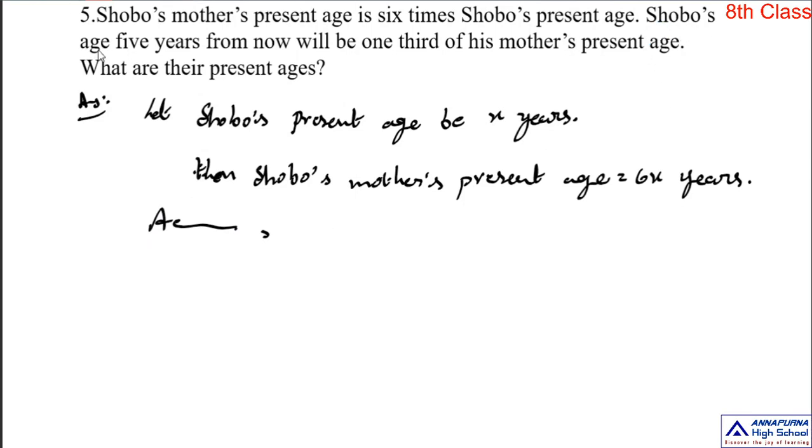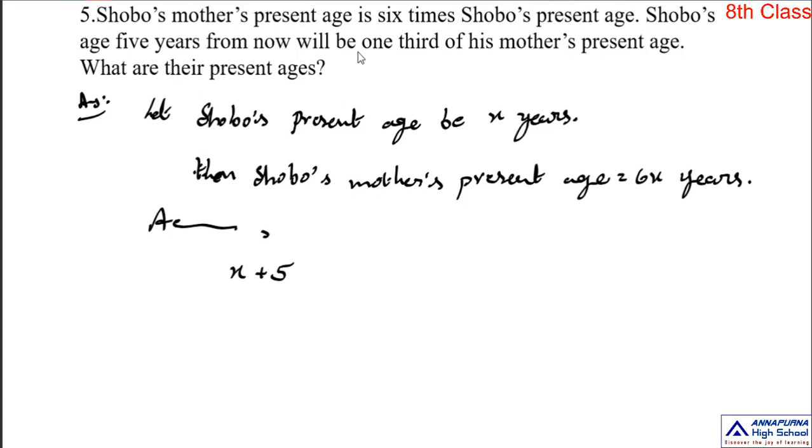Okay, so according to the question, Shobha's age 5 years from now will be one third of his mother's present age. Observe the statement carefully. Shobha's age 5 years from now. So Shobha's present age is x years. So after 5 years, what is her age? It is x plus 5 years.